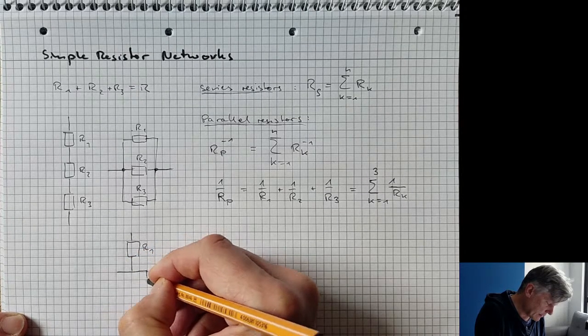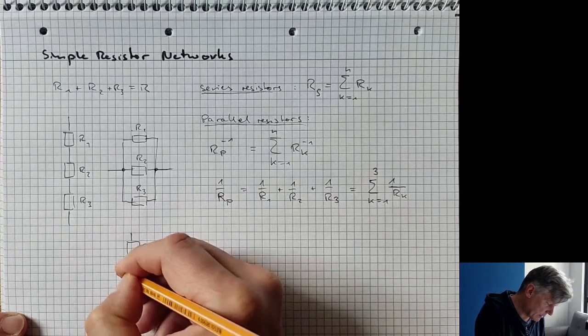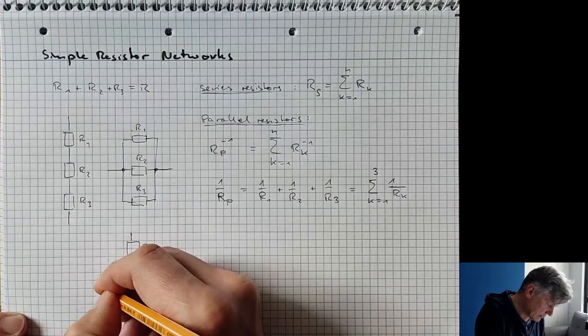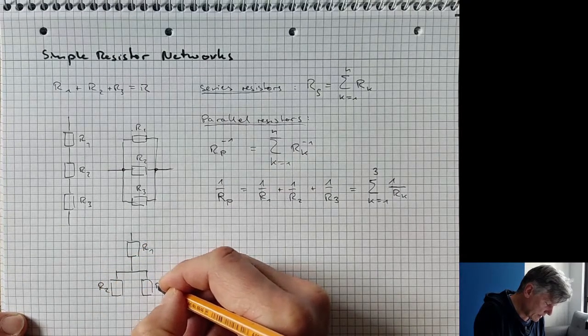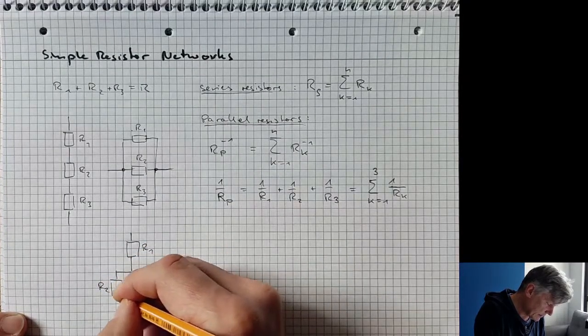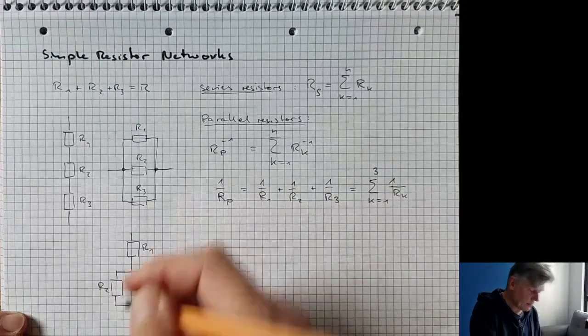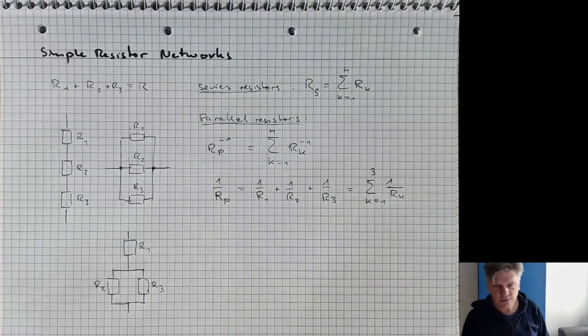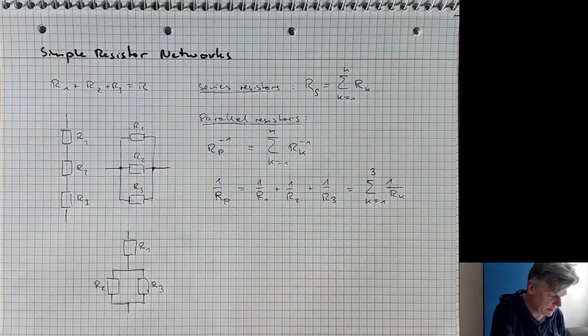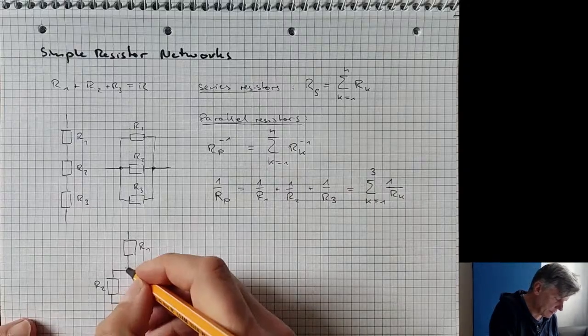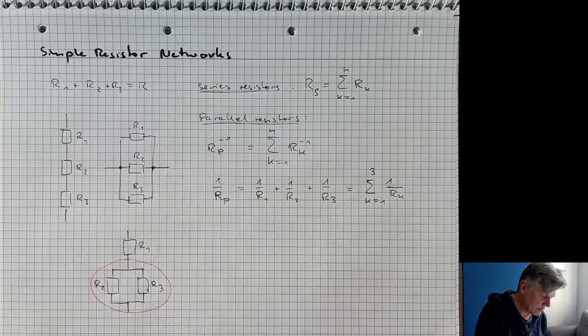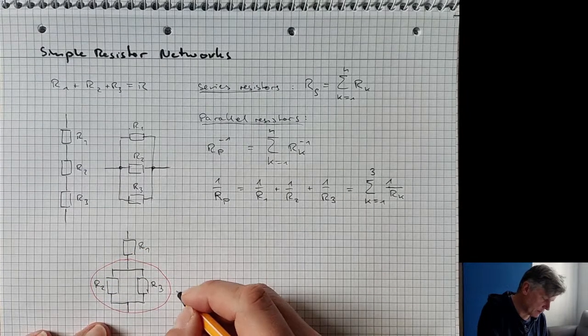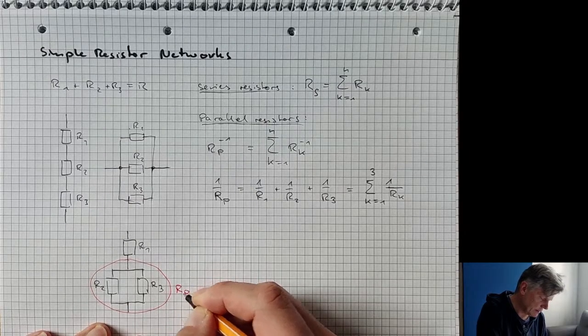And then we have two other resistors, and these resistors are now in parallel, R2 and R3. So in this case, it would be easiest to calculate first the parallel resistance of these two, and let's call this Rp.